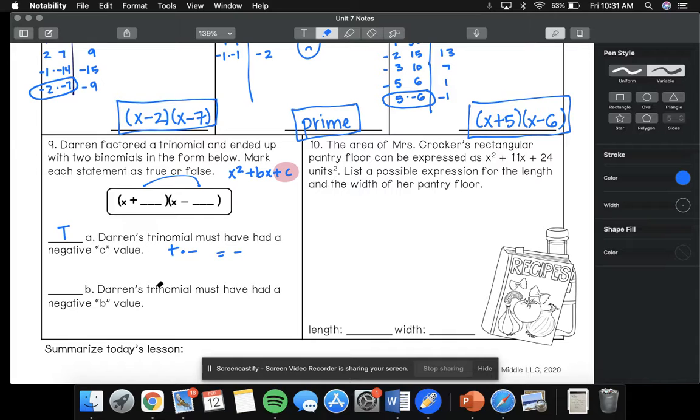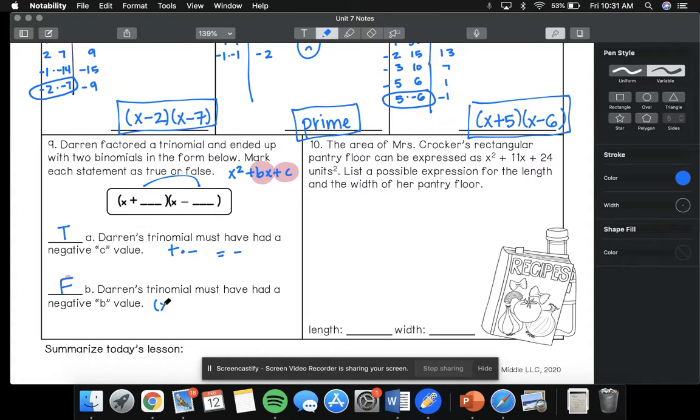Okay, Darren's trinomial must have a negative b value. So it's saying this b value has to be a negative. Well, I think it kind of just depends.